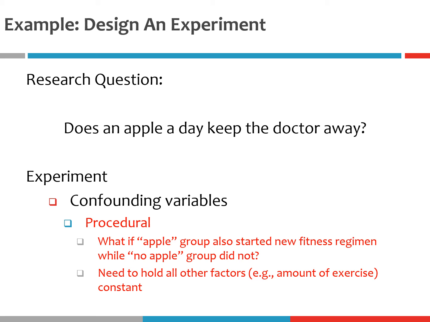In that case, we don't know whether better health outcomes in the apple group are due to the apple or this new fitness regime, right? So critically, we need to hold all other factors, in this case amount of exercise, constant, so that there's only one thing that is changing between the experimental group and the control group.